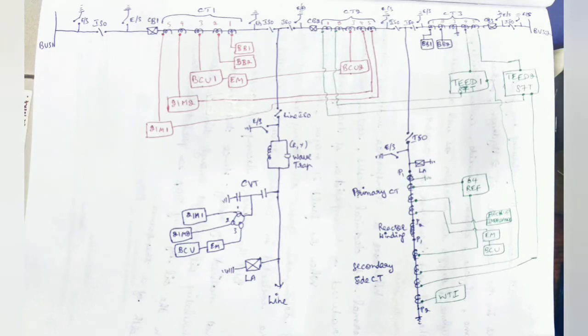Then the BCU for the reactor: the total reactor bay is controlled by the BCU, which takes the reactor CT's current. Then WTI, the winding temperature indication, is connected to the gauge of your reactor, and the measurement is taken, and the gauge indicates the winding temperature of your reactor. That is taken from the secondary side of your CT.